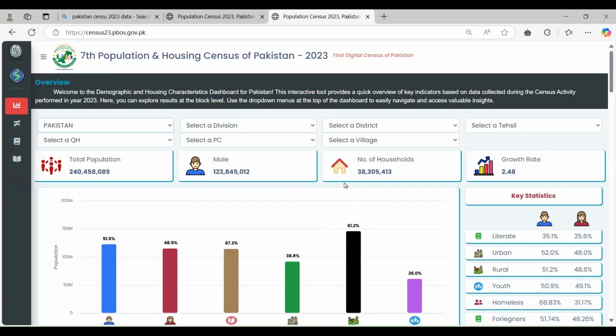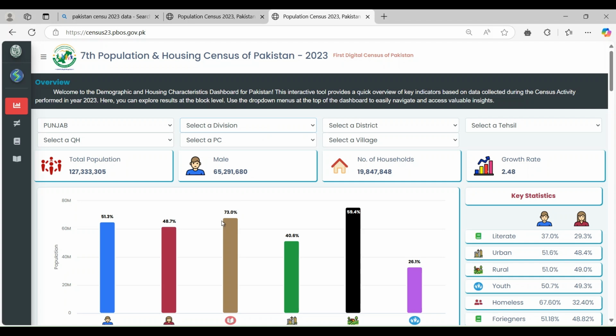The purpose of this video is basically to share and demonstrate how the census geography in Pakistan works when we are talking about the population data and what geographic level data is available. The census is conducted at the national level and the data is usually available at the provincial level, and then within the province we have divisions.